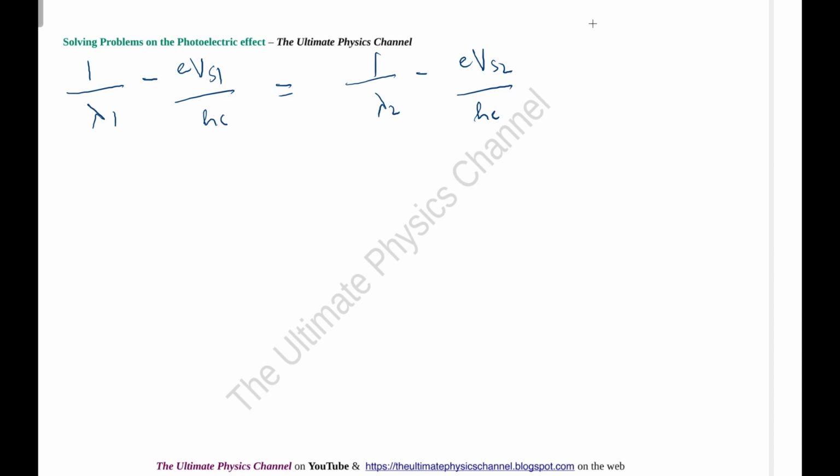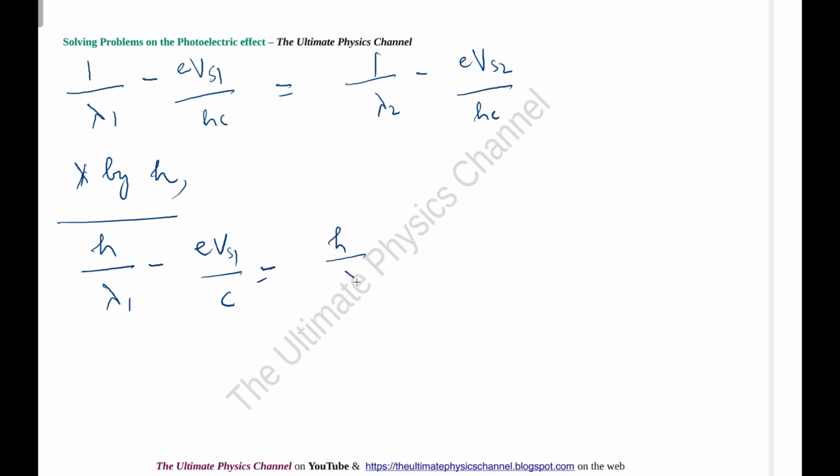Both being equal to, of course, 1 over lambda max. And then if we multiply the whole expression by the Planck's constant h, we will get h over lambda 1 minus e V S 1 over c is equal to h over lambda 2 minus e V S 2 over c.